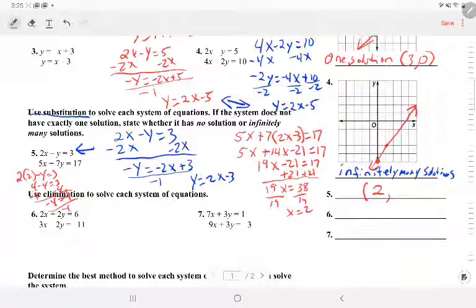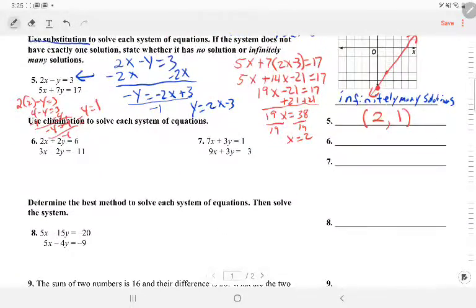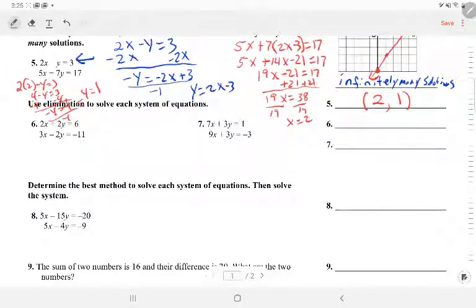Divide everything by negative 1, and I get y equals 1. I know that's kind of hard to read over there, but y would equal 1. So I'd have a solution set of 2, 1. Okay? All right. So let's go ahead and get this off here.